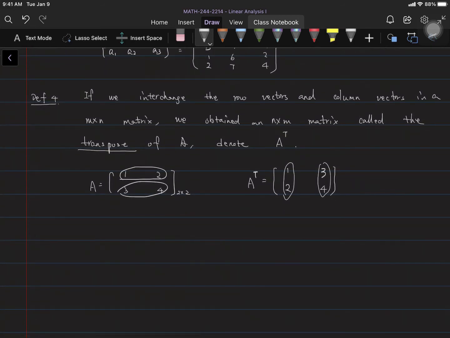Let's try an example. So we are going to do a general one. This is a 2 by 4 matrix: 1, 2, 6, 2, 0, 3, 4, 7. We're going to find the transpose.